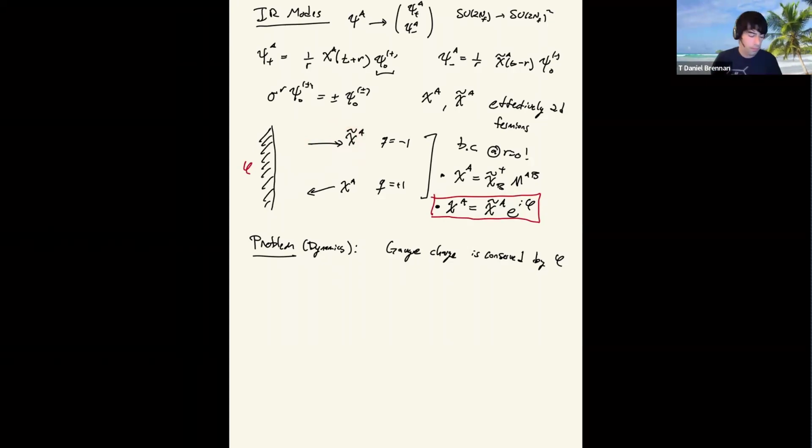But that's a problem, because we're working at scattering energies which are way lower than the W boson mass, which is the amount of energy you need in order to actually excite this dionic degree of freedom. So the problem is that phi is parametrically heavy.